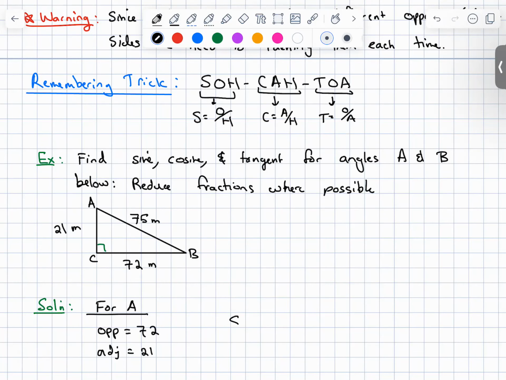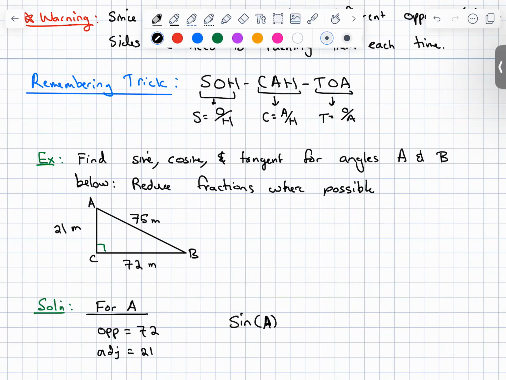So sine of A, by the way, just because I don't think we've ever seen this before, you might have, the reason why we write it like this and say it out loud is sine of A. Later in mathematics, you'll learn about functions. We won't cover them in this class, but functions are really fun, as the name suggests.